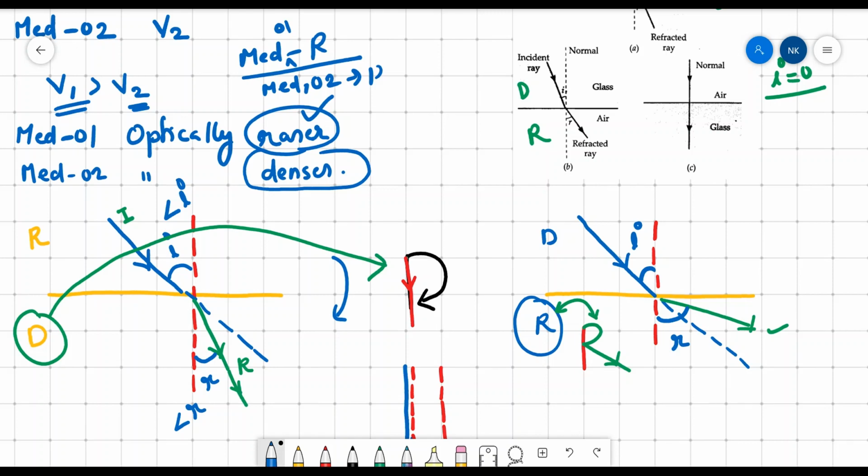So here this is I, angle of incidence, that is the angle made by the incident ray with respect to the normal, and angle of refraction means the angle made by the refracted ray with respect to the normal. And the third diagram, figure number C, you can see that the incident ray was making an angle theta equal to 0 with respect to the normal. So there you can see that it is traveling without any deviation.